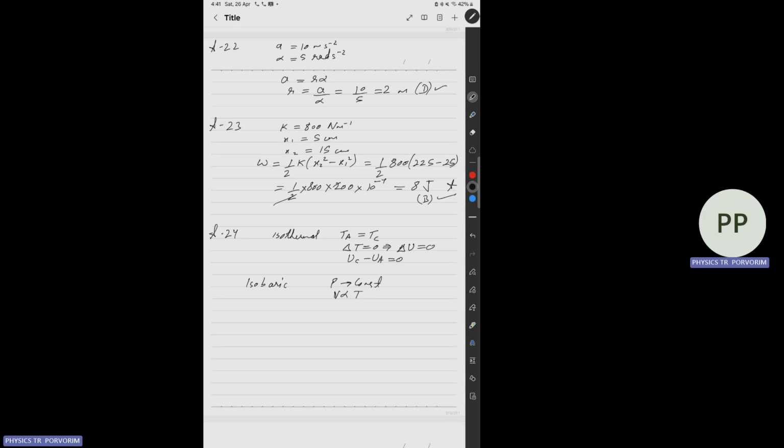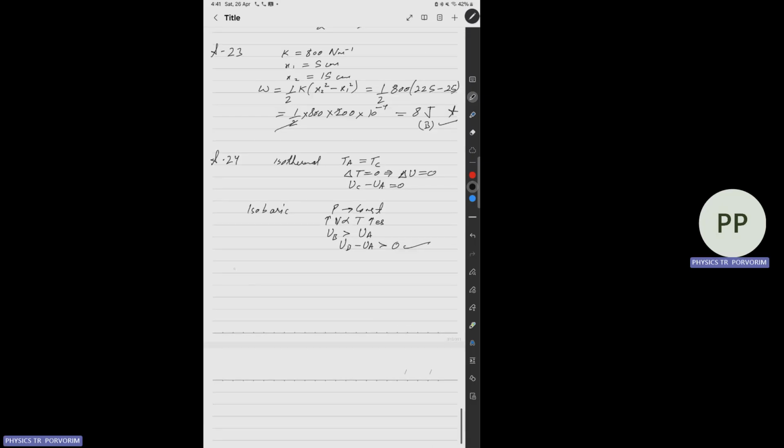When we move from A to point B, volume is increasing. That means temperature will also increase, and internal energy is a function of temperature only for an ideal gas. So UB will be greater than UA, and UB minus UA is greater than 0. So the first option is also correct.